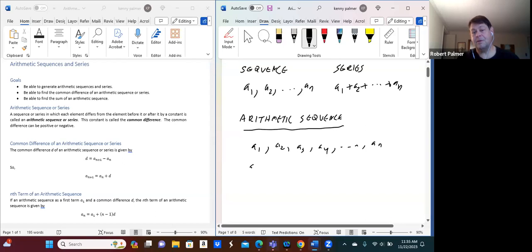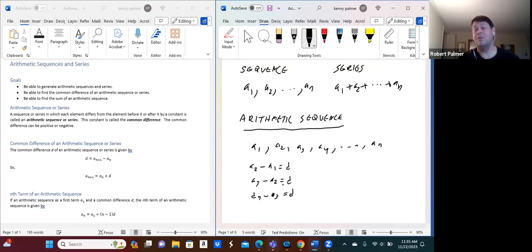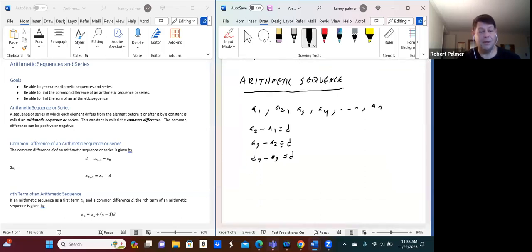Then if A2 minus A1 is equal to some number called D, and the same too, A3 minus A2, its previous number, is also some number D, and so forth. A4 minus A3 is also the same number, let's call it D. That's what's called an arithmetic sequence, okay? The difference between a number and the previous one or the one after it is some common number, some constant. That's called the common difference.